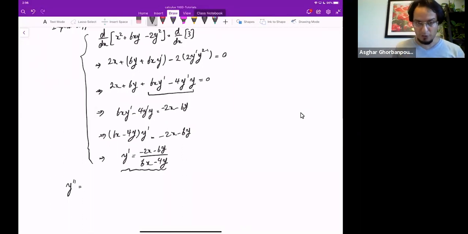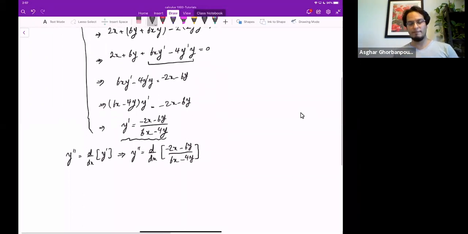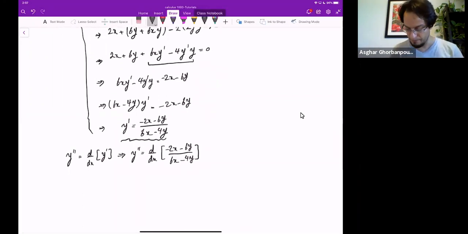And we know that the first derivative of y prime is y double prime, or the second derivative. So y double prime would be the derivative of this expression. I have to differentiate now.